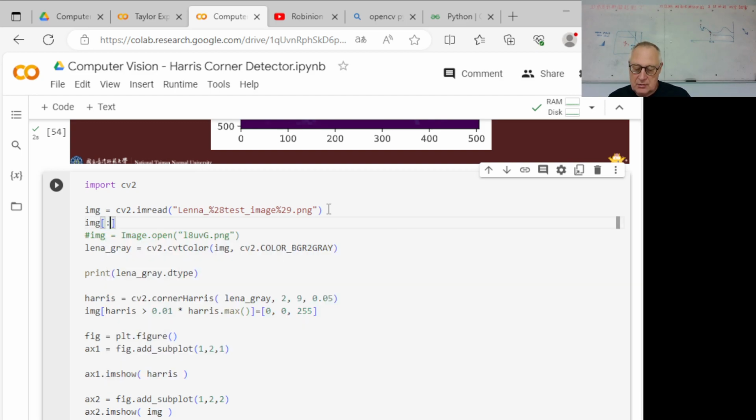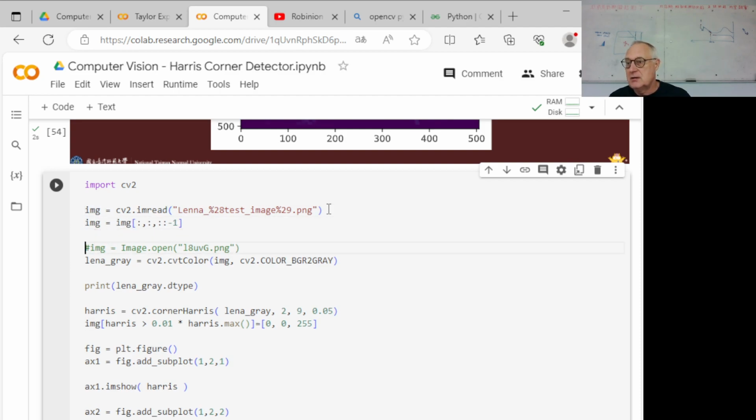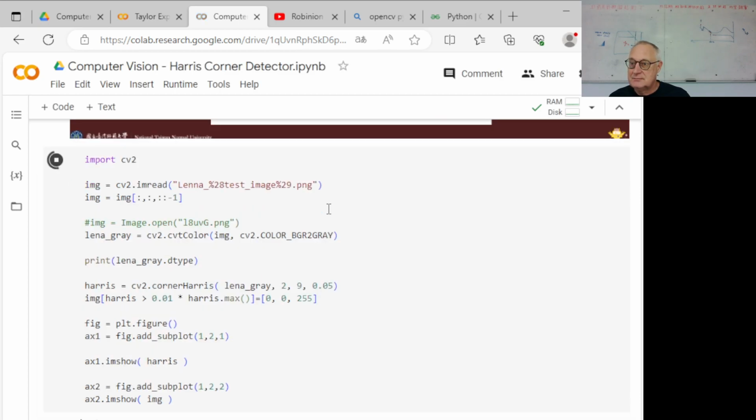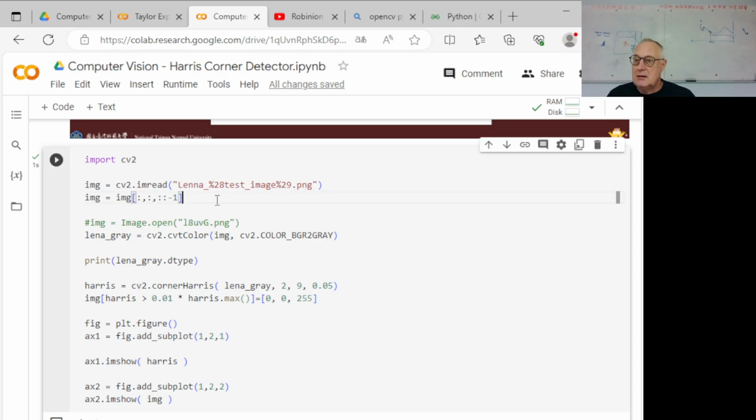Image. Flip the channels. Okay. Now I have that. And let's multiply it by 0.3 to make it darker. 0.2.